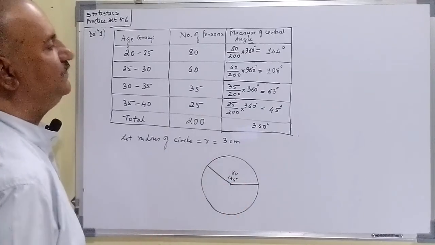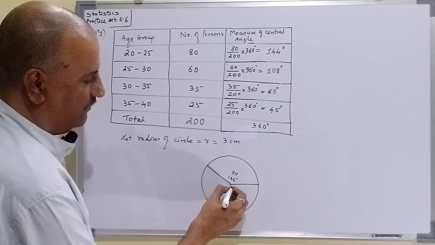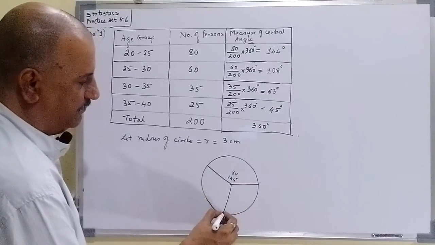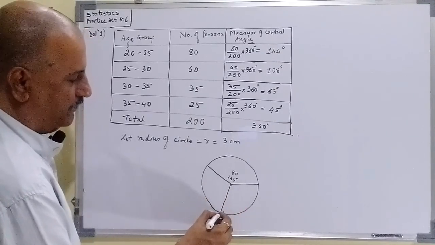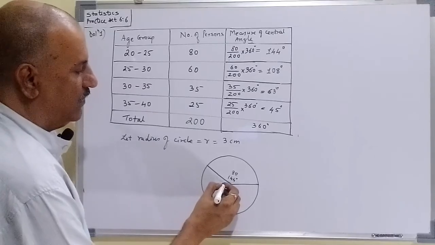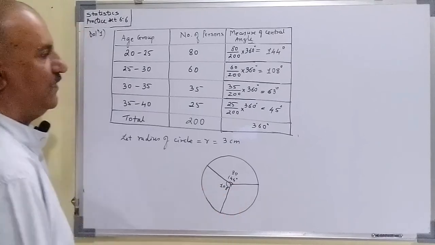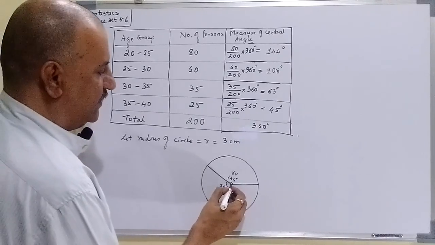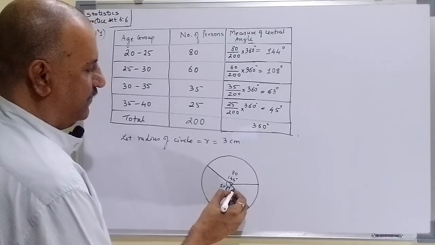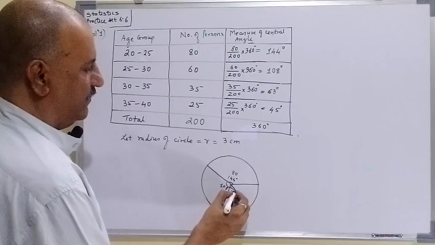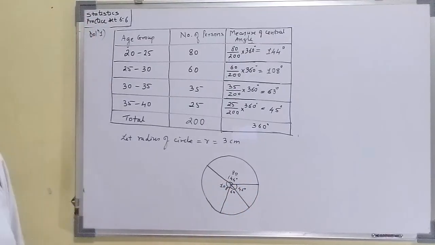The next will be 108, so it will be past 90, somewhere here. This degree will be 108. Then you have 63 degrees, and this will be 45 degrees.